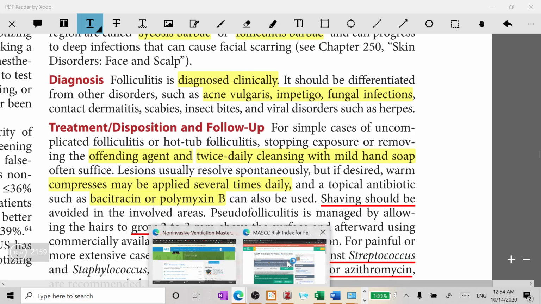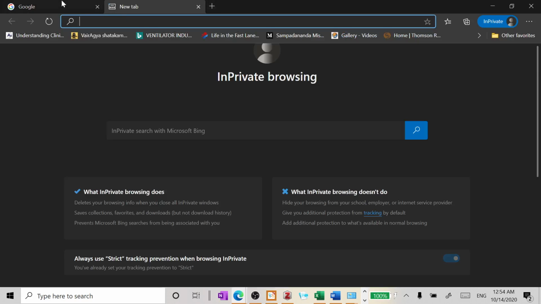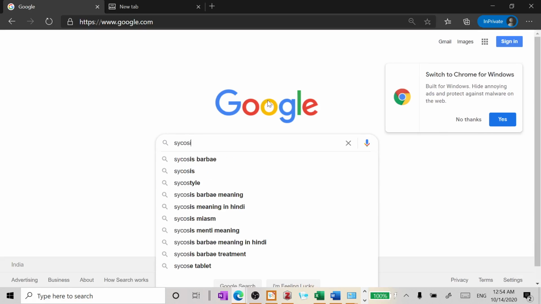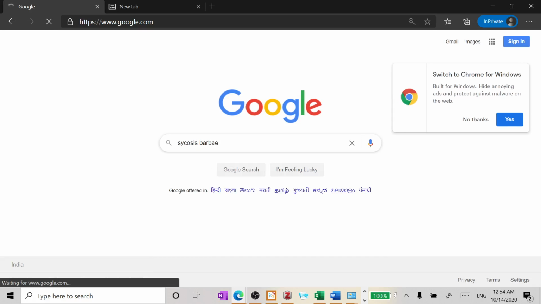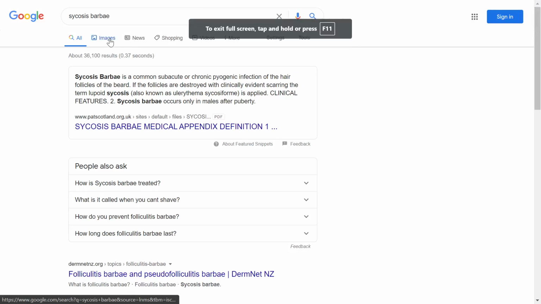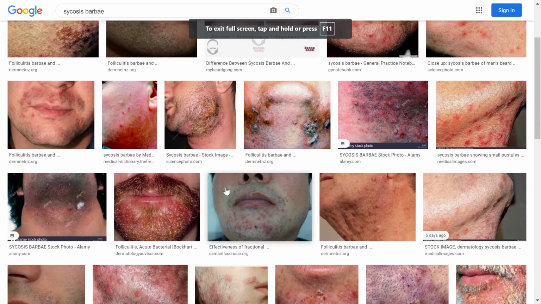I'll show you the pseudofolliculitis barbae. See here, this is how pseudofolliculitis barbae would look.